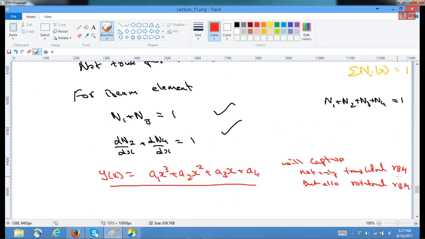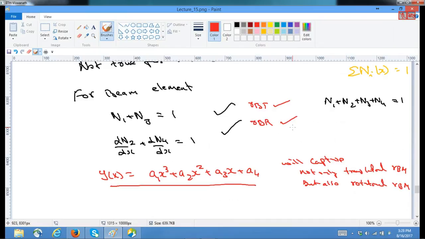Rigid body motion is rigid body translation, and the second one is rigid body rotation. Both things can be obtained. This is rigid body translation, and this is rigid body rotation. If these two properties are met, then our element can have these two characteristics.